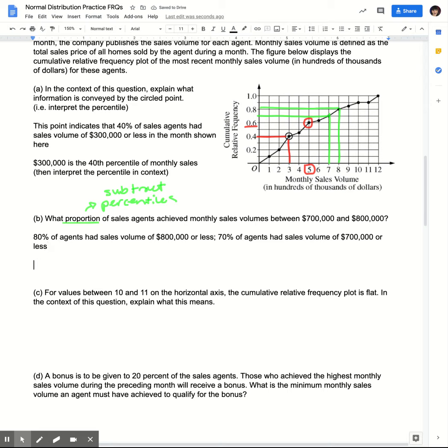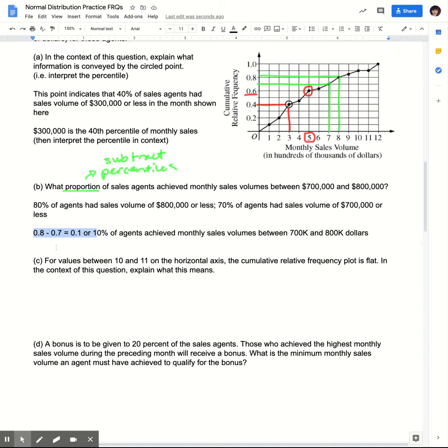So that means 0.8 minus 0.7, which is 0.1, or you could write it as 10% of agents achieved monthly sales volumes between 700 and $800,000. It's that simple. The only math you had to show was doing the subtraction.